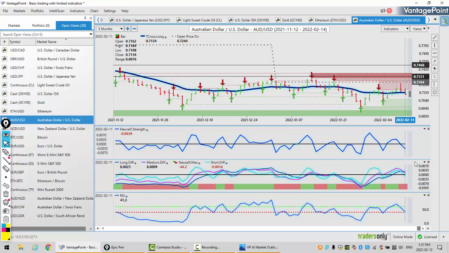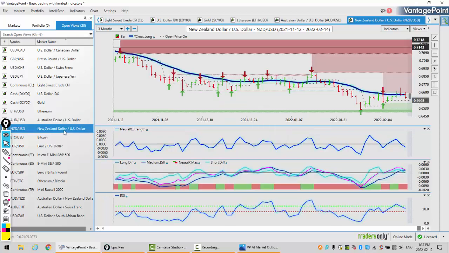And that is pointing down. It's below the zero line. We've got an MA diff cross with the neural index. So I would respectfully submit the Kiwi, we could go through the whole thing, but the Kiwi is identical. Its signal is not crossed on the MA diff yet, but it's in progress.